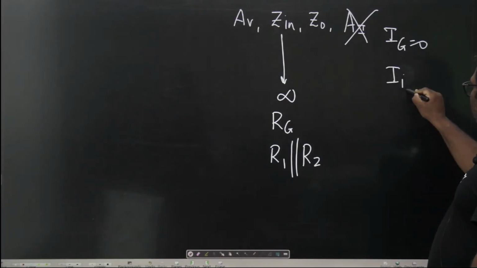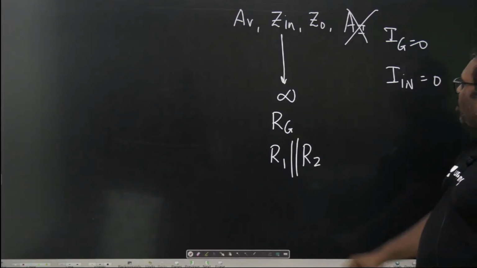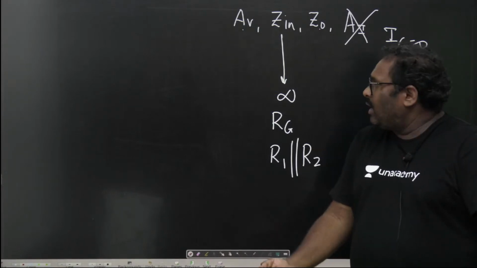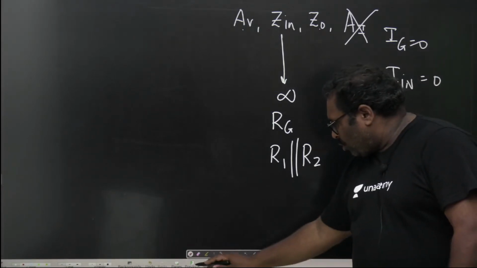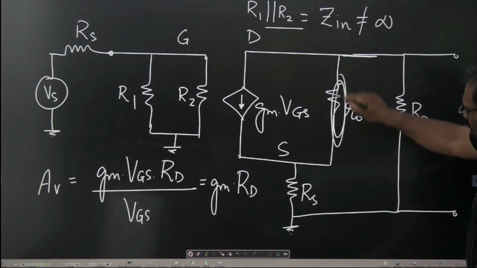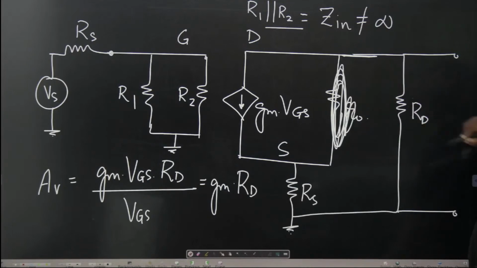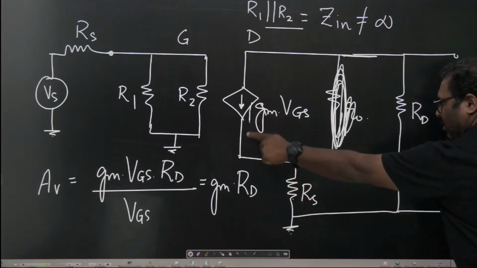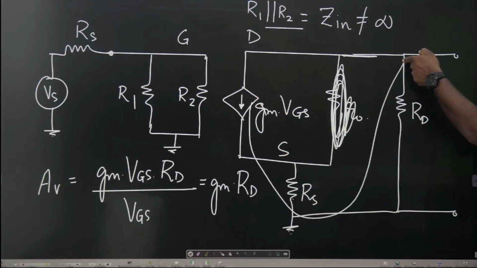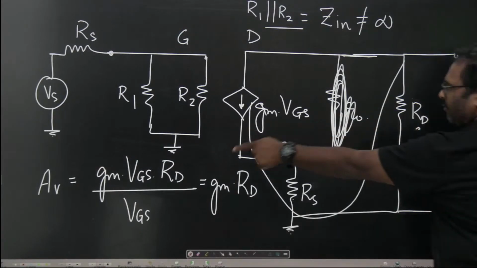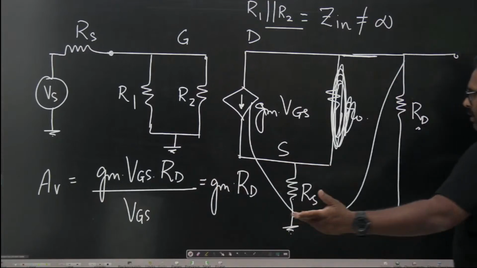Input current is 0. So you will be left with only AV and Z0 calculations, output impedance and voltage gain. And for voltage gain, all you need to do is ignore this R0, and know that the voltage across this output is nothing but the current flowing in this branch, which is gm into VGS multiplied by RD, divided by VGS. As simple as that.